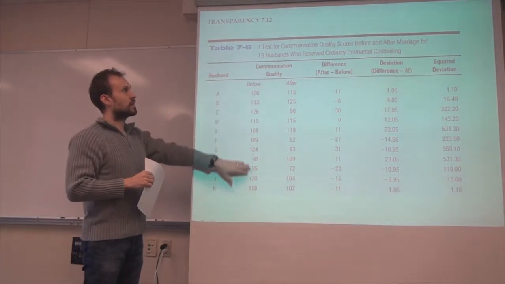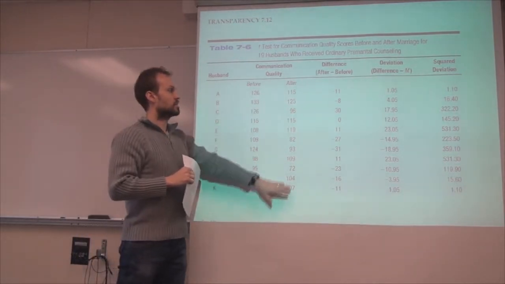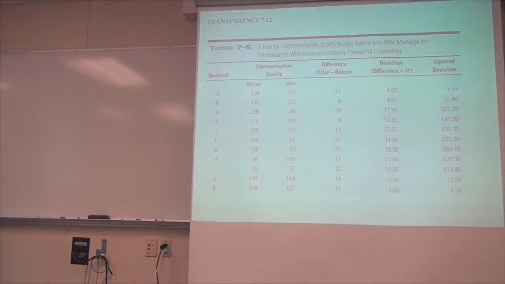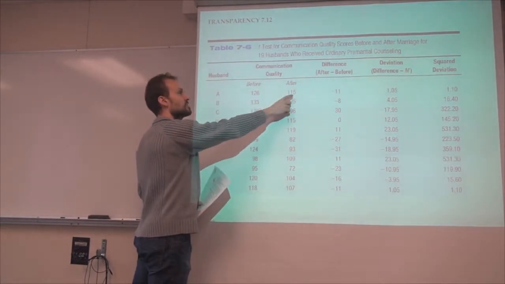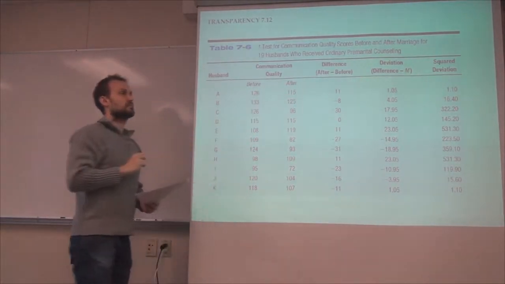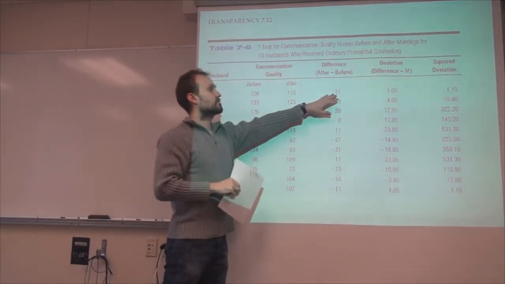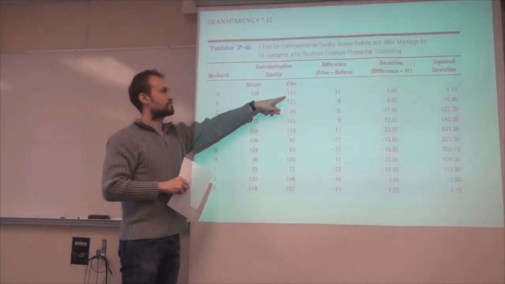They were rated on communication quality before getting married and then after the process. And I want to look at the difference, the after score, regardless if it's more or less, after minus before. So some of the people will have a negative difference, meaning that their communication quality actually dropped.